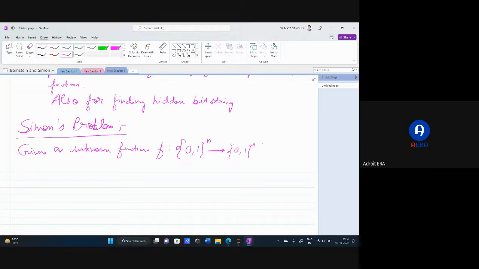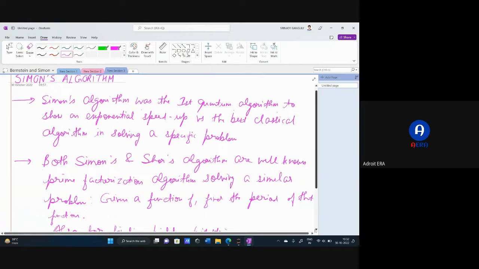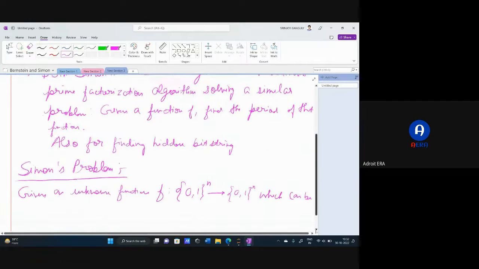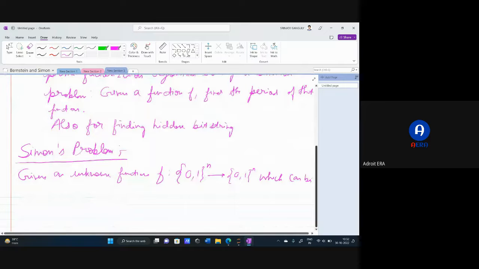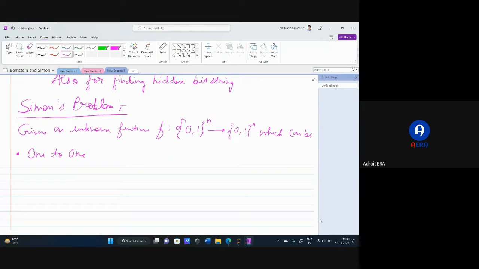Which can be, first case, 1 to 1, which maps exactly one unique output for every input. So what does 1 to 1 do?